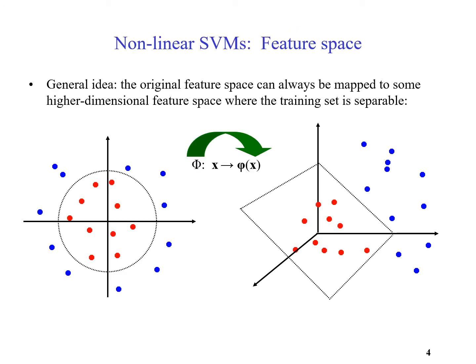This picture shows an example of the dimension expansion, how we expand the dimension from input space to feature space. As I said, input space is the original dimension space, and the feature space is the data space of expanded dimension, right?